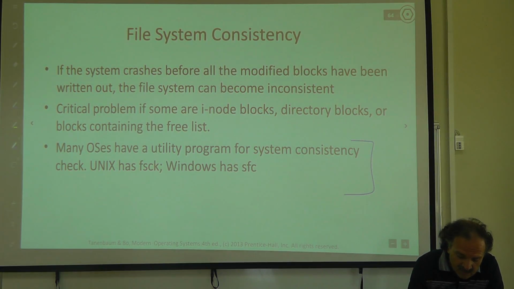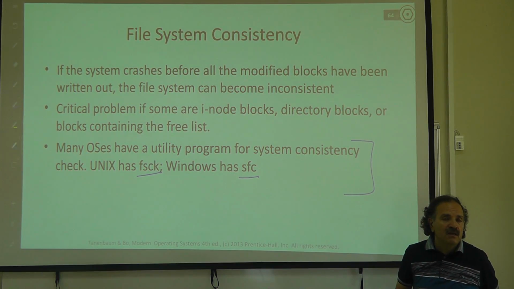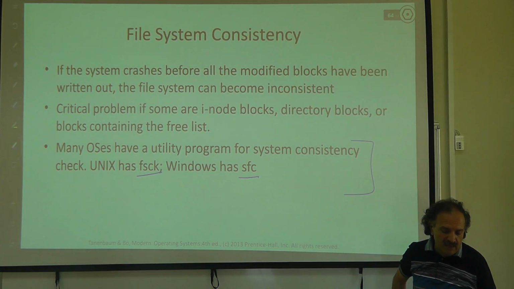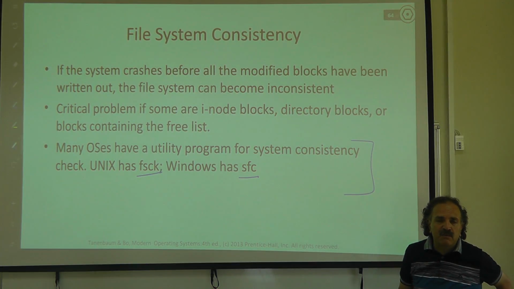So for this, both Unix and Windows have utilities to check the file system consistency. For Unix, it is FSCK, file system check. For Windows, again, it is file system check. These are the Windows and Unix utilities. And usually when your Windows system crashes, if you don't shut down your system and directly turn it off, when you start your Windows system, it asks you a question.